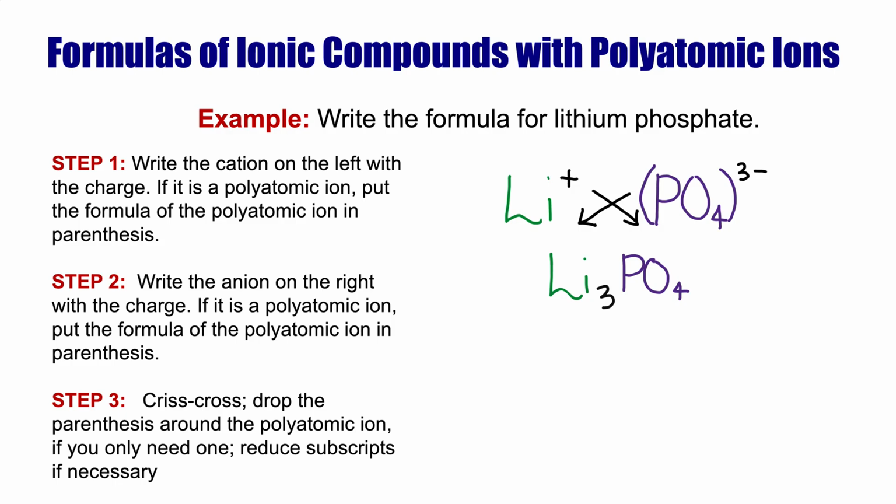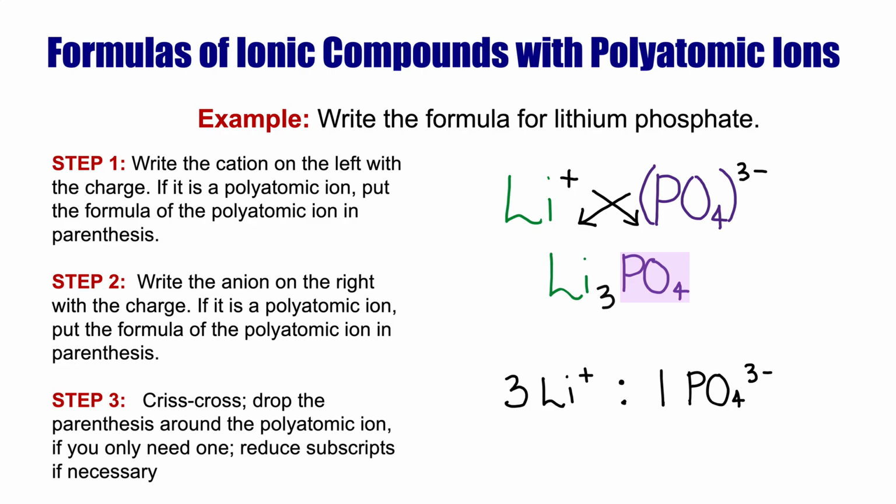Now let me check to see whether or not this formula unit makes sense. So for every 3 lithiums that have a charge of +1, I need 1 phosphate that has a charge of -3. That PO4 is acting as an entire whole unit as a single ion. Don't allow that 4 or those multiple elements that make it up to confuse you.